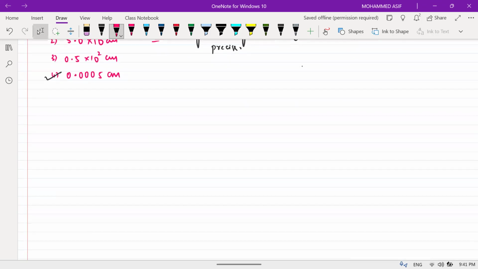Chalo. Next, beta. Any quantity which has been raised to any power, very important.